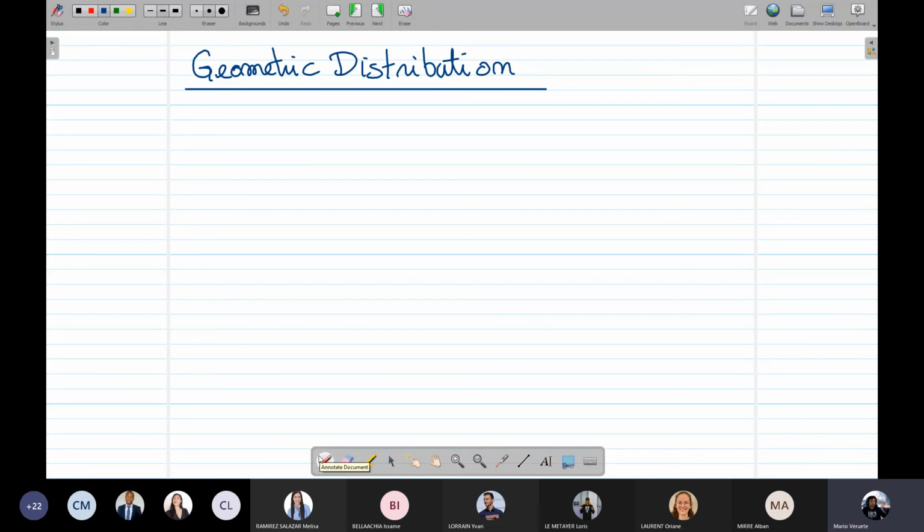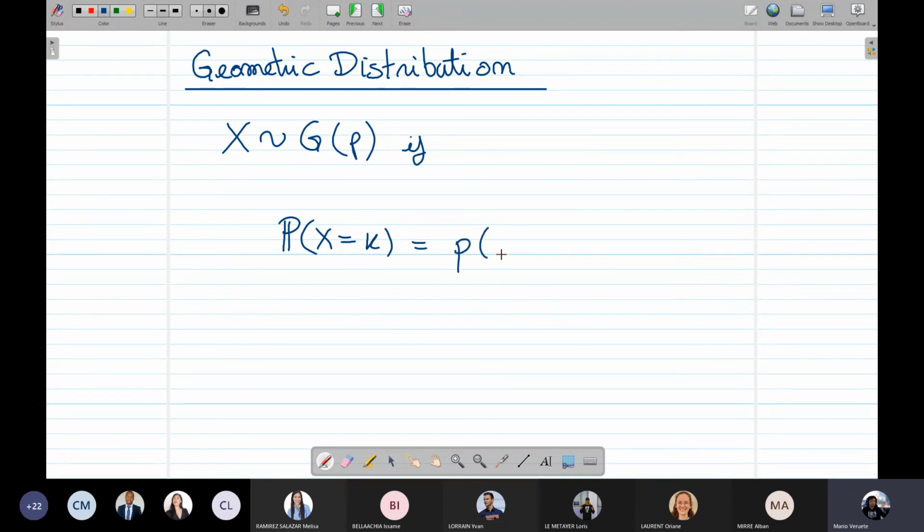So a geometric random variable of parameter p. We say that X follows the geometric distribution of parameter p if the probability that X takes the value k is equal to p times (1 minus p) to the power k minus 1, and this is defined for any k bigger than or equal to 1.